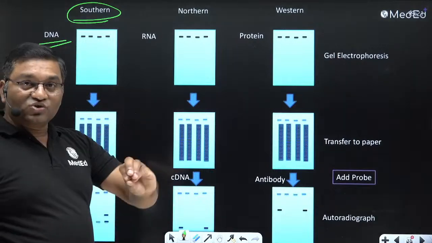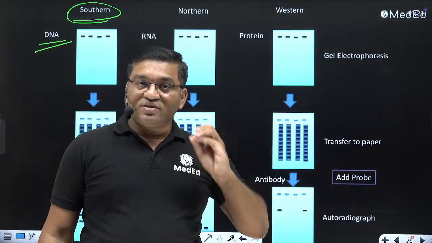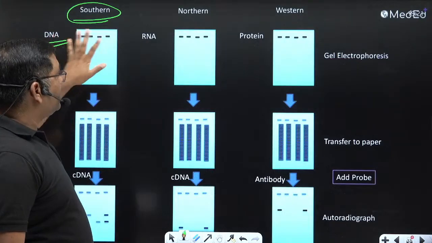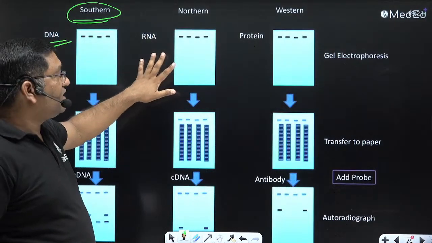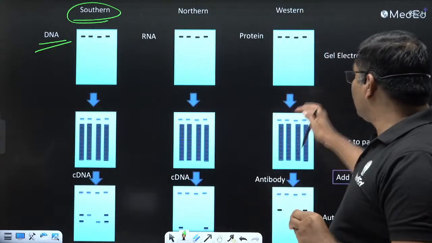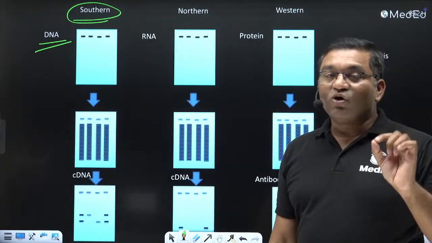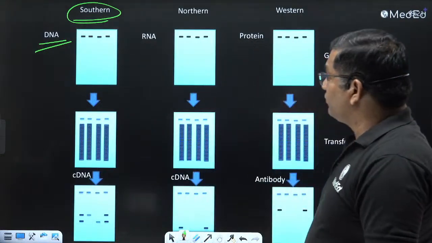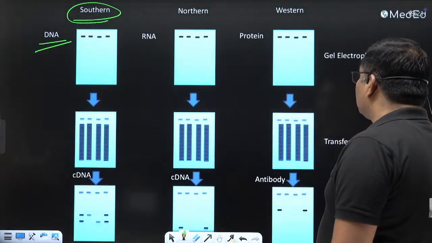Southern blotting detects DNA, northern blotting detects RNA, western blotting is for detection of protein, and eastern blotting is for post translational modification in the protein. So these are the blotting techniques.